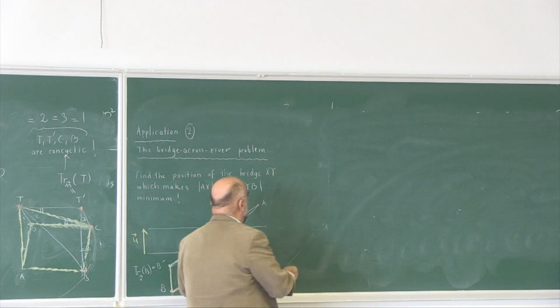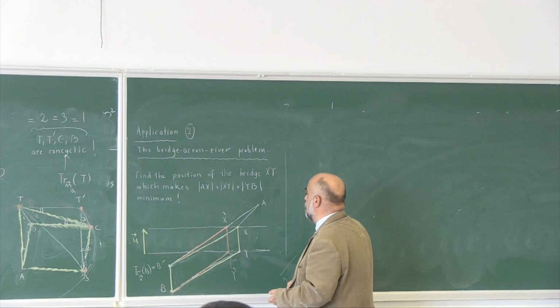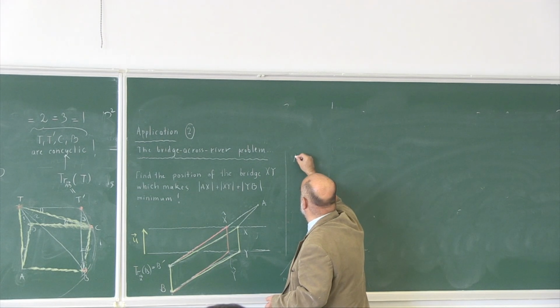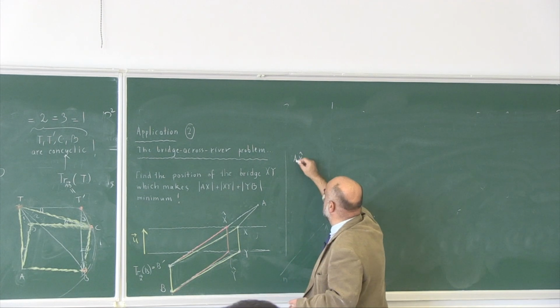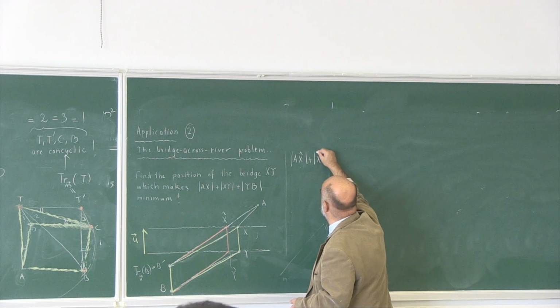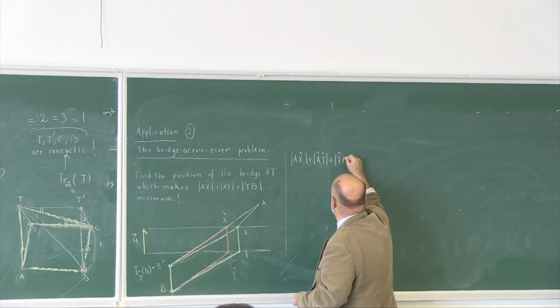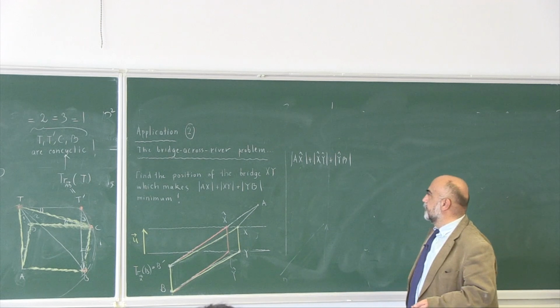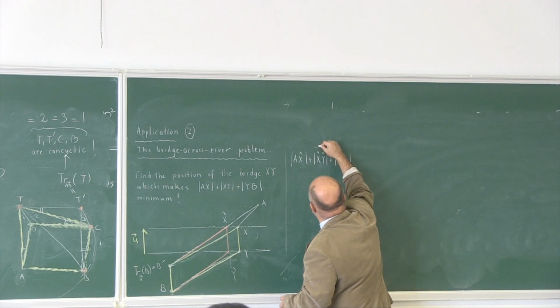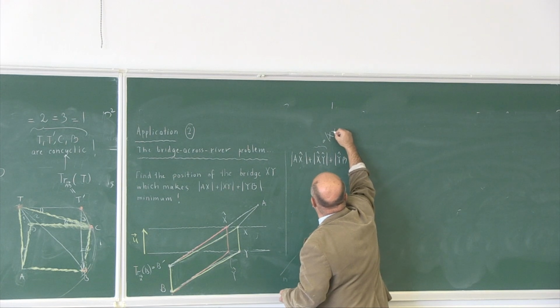Okay, so I write the following. So in fact, the distance AX hat plus X hat Y hat plus Y hat B. Now this is not interesting because X hat Y hat is exactly the same as XY, so we can forget it.